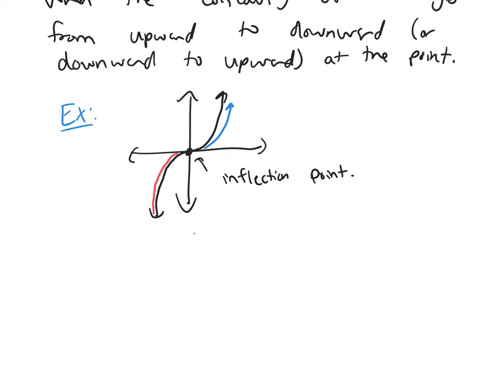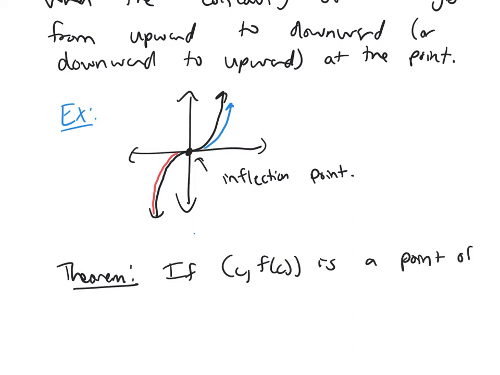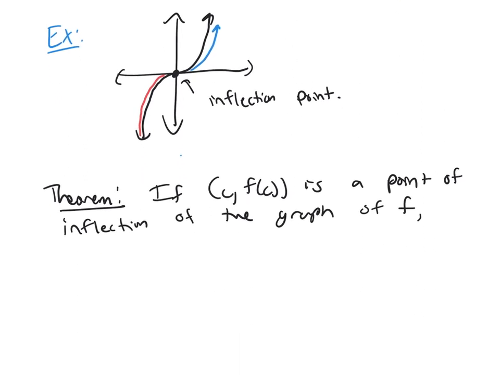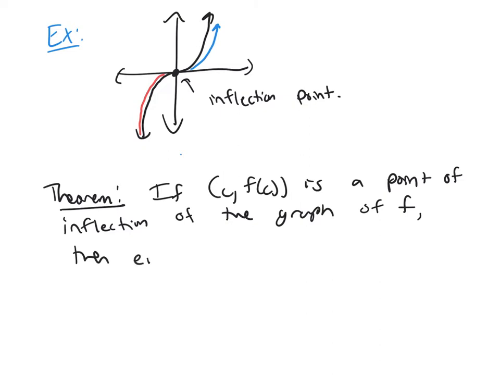So we have the following theorem that'll help us find these inflection points. It says if (c, f(c)) is a point of inflection, or just an inflection point of the graph of f, then either the second derivative at c is 0, or the second derivative at c does not exist.